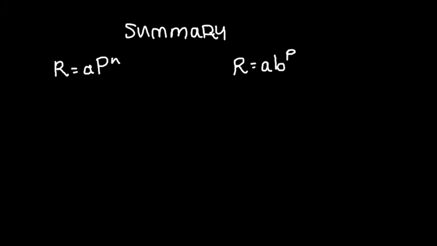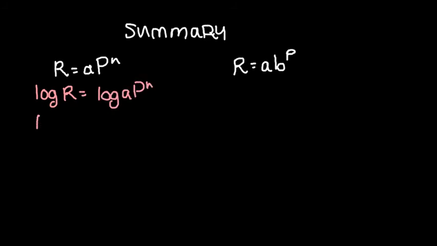In summary then, if we've got either of these two types of relationships, so one where we know it's not already a linear relationship, it's some sort of curved relationship and we need to figure out what that is, we can apply logs to get a straight line relationship by plotting log r against log p or log r against p respectively, depending on the type, to be able to figure out what the constants a and n or a and b are respectively. So we would take logs of both sides, that means apply the log function to both.